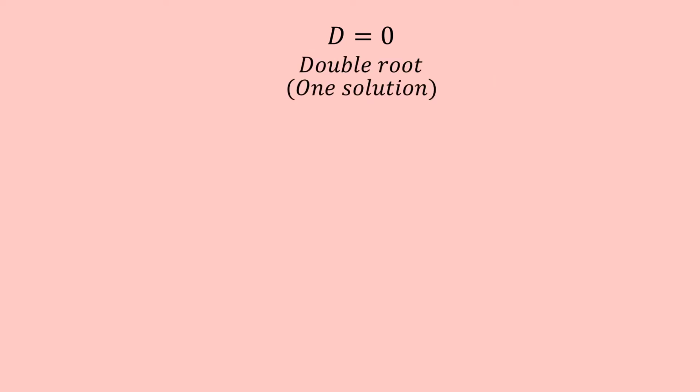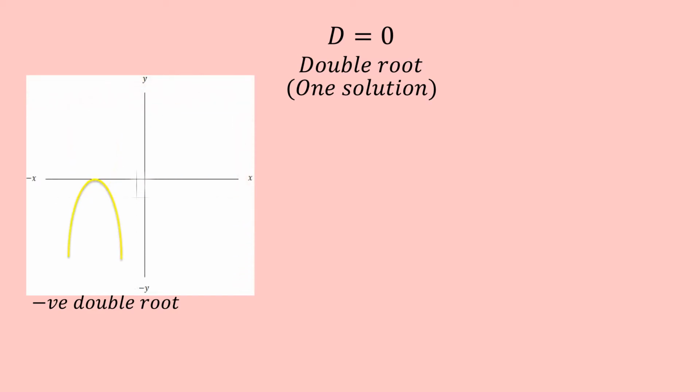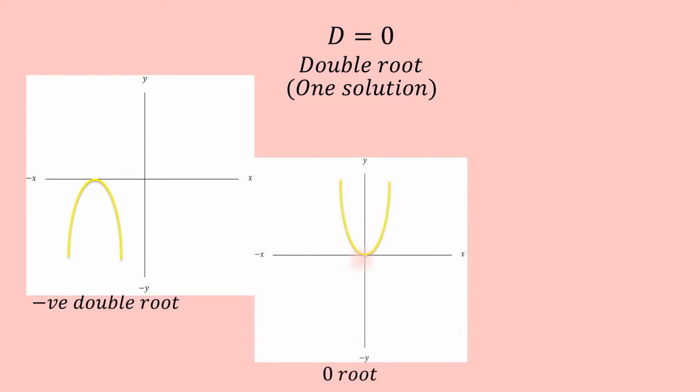If D equals 0, we have a double root, that means one solution. The first case is a negative double root. In this diagram, we have our graph touching only the negative x axis. It can bend inward or outward. The second one is the zero root.